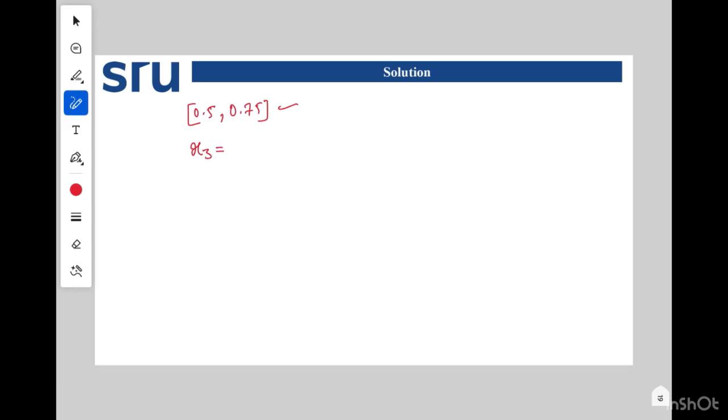Now with the new interval, we can calculate the third approximation x3 by taking the midpoint of this interval: 0.5 plus 0.75 divided by 2. So we have x3 equal to 0.625.